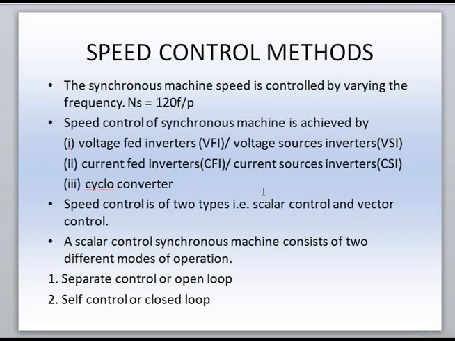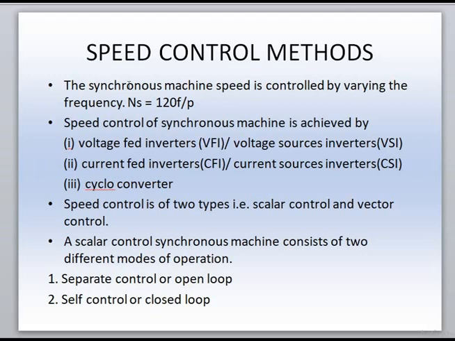In that, the speed control method is mainly derived based on the basic equation, which is nothing but the synchronous speed equation: Ns is equal to 120 f by P. If we want to control the speed of a synchronous motor, we need to change either the frequency, that is the stator supply to the motor, or the number of poles.